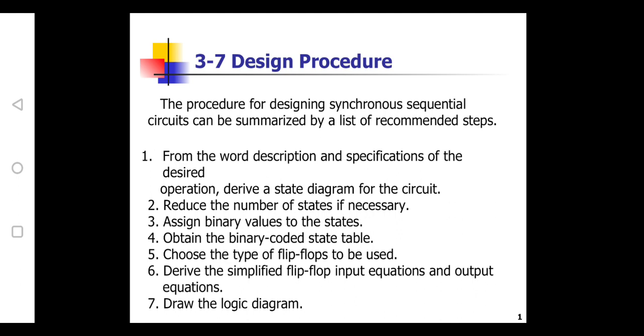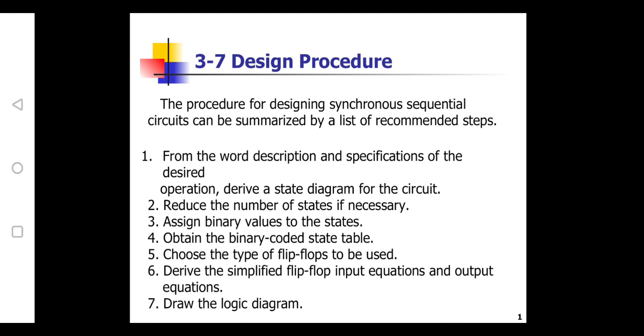After reducing the number of states, we need to assign binary values to the states by using a state table, and depending upon the type of flip-flop, we use either a JK flip-flop, T flip-flop or a D flip-flop. If the question specifically mentions a type of flip-flop, we need to use that flip-flop.